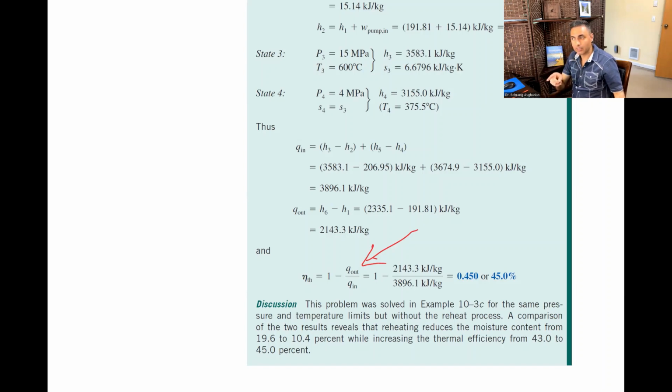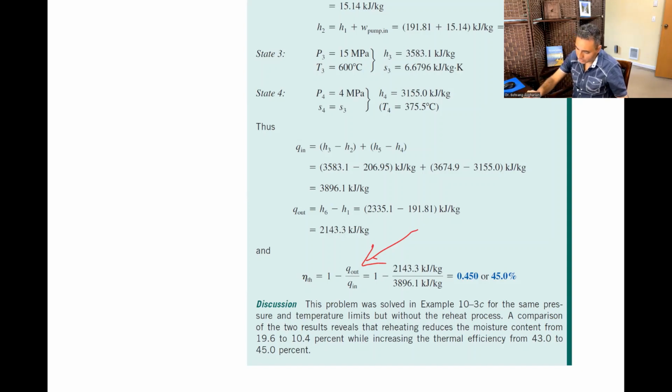Then this equation works. If not, the method that I used for you, W dot net over Q dot of boiler, that is the basic definition of the efficiency. So you should use what I showed you. That always delivers the correct efficiency of the cycle.